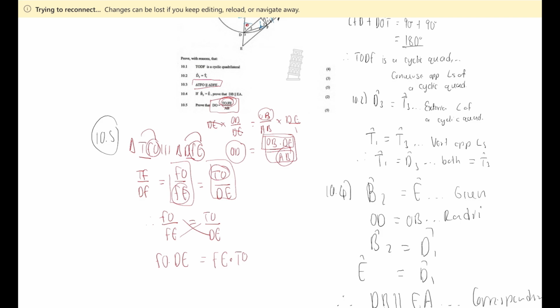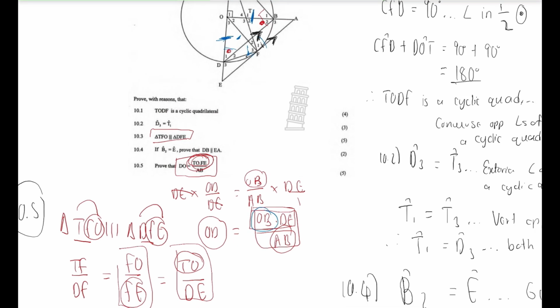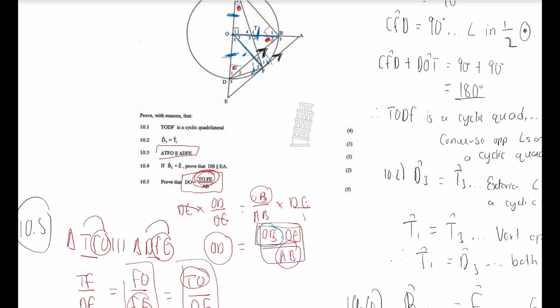Did I do this properly? Oh yes, I did. Now here you have FE times TO, which is the one in the proof, and here you have FO times DE. But here you have OB, and here you have OF. Then what do you do now? Go to your diagram, and you see that OB equals FO. Why? Because they are both radii, right?